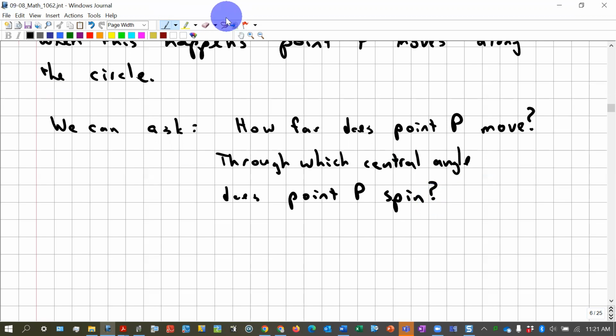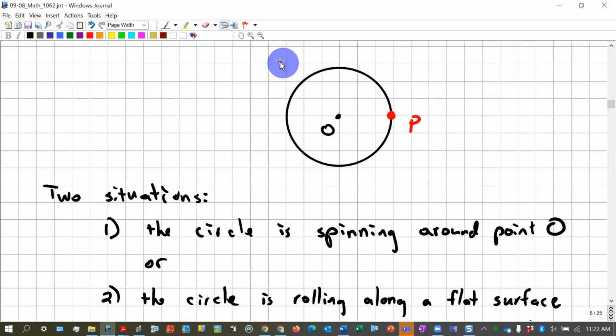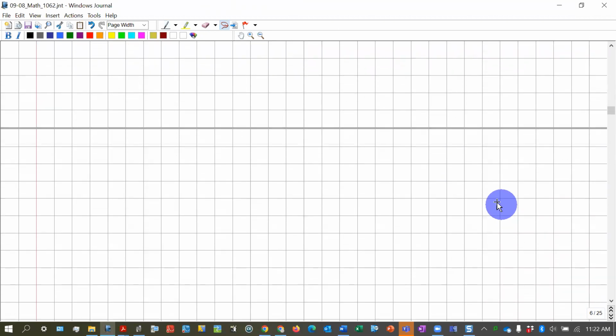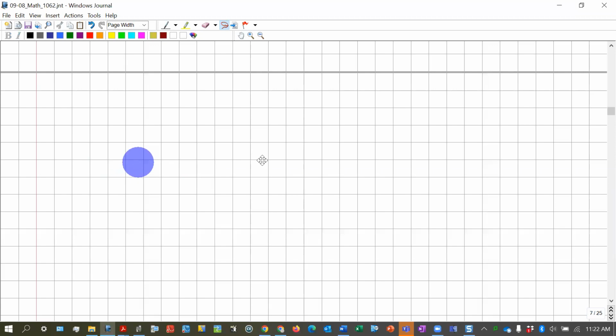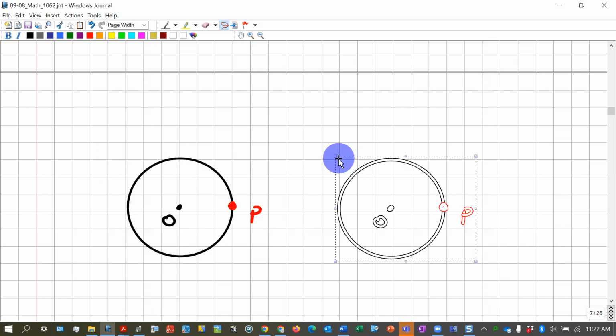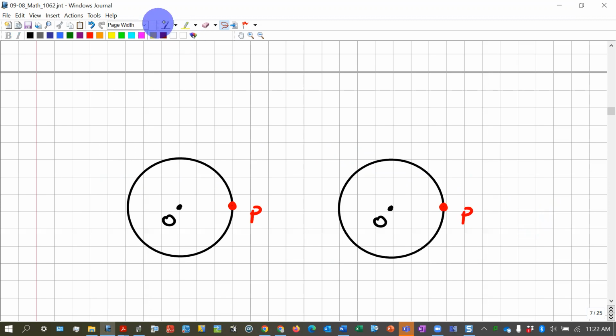Okay. So let's take my same circle and suppose the circle only spins a little bit. And suppose P ends up here.